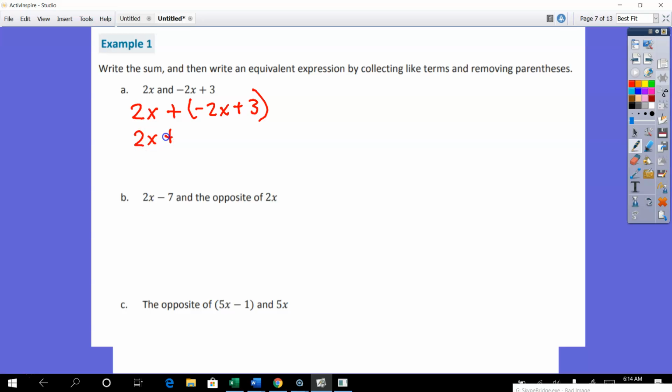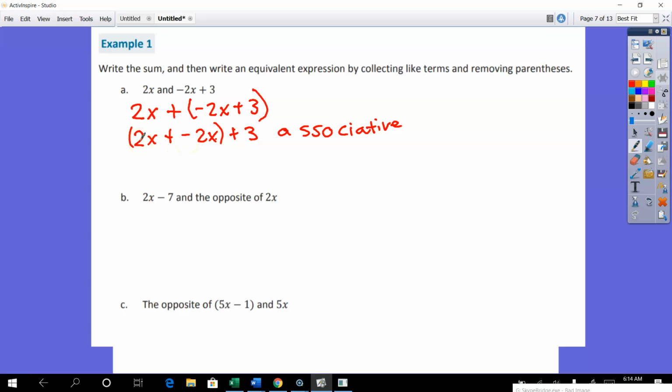So we know that regrouping is what property? And you should have said associative. So we regrouped it to where we have the x's together. That's what we're combining. Okay, so positive 2x plus a negative 2x.